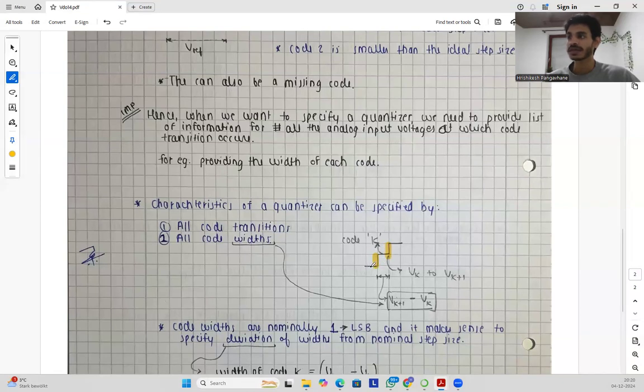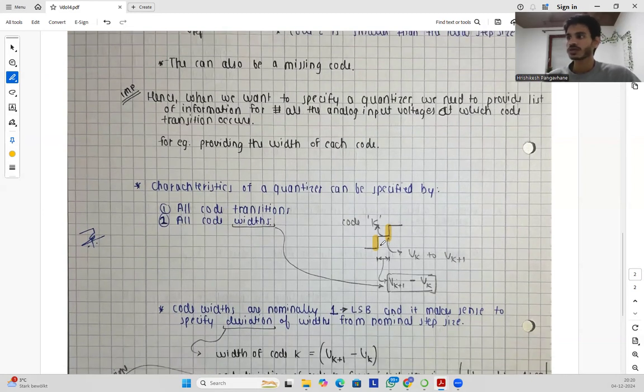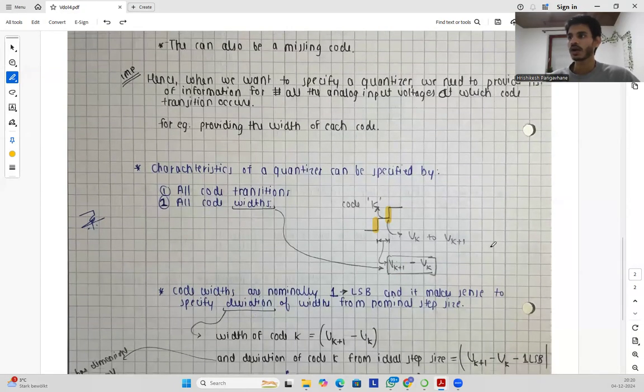It has transitioned from k minus 1 to k, and at Vk plus 1 it will transition to k plus 1. So it goes from Vk to Vk plus 1, and the width is given by Vk plus 1 minus Vk. That's the width with respect to voltage, given in, let's say, millivolts or volts. The code widths are nominally called the least significant bit, or LSB.